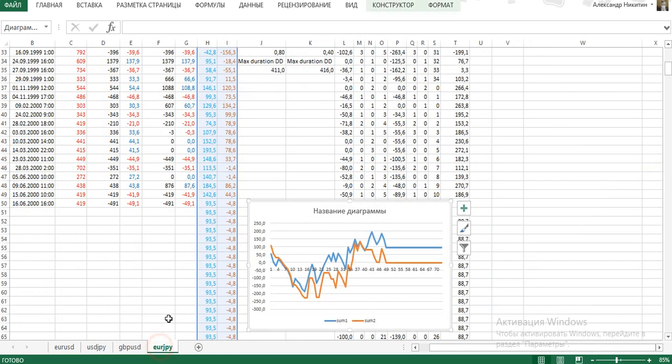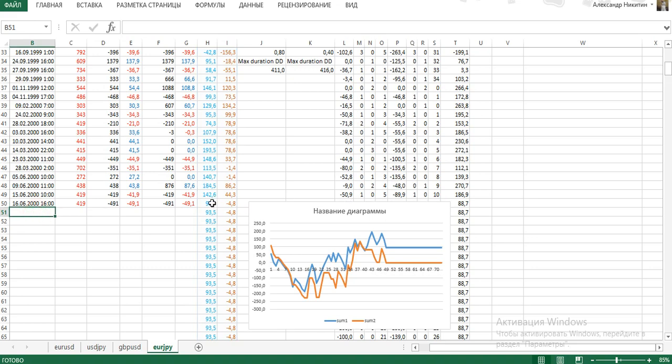So we already have 50 trades, 49 trades, and we are slightly above the zero. When I say slightly, it is 100 pips or so. Okay, so 93 pips and minus 4 pips for the second target.